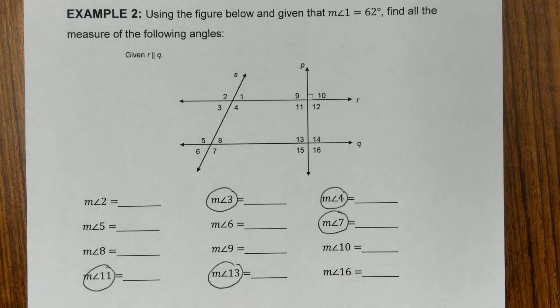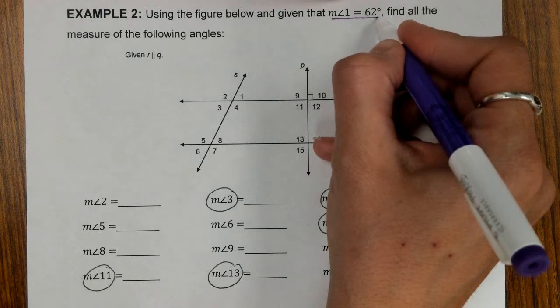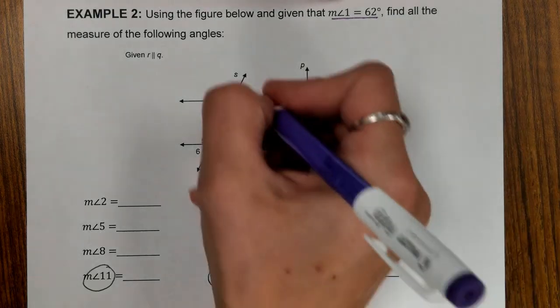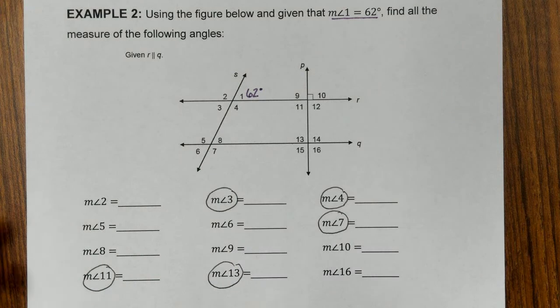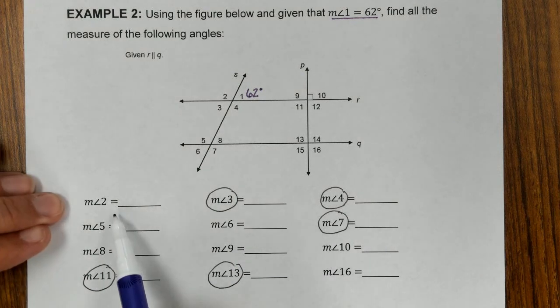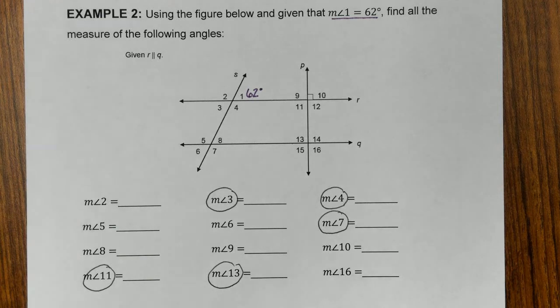First off, we are told that the measurement of angle 1 is 62 degrees. So I'm going to come over here and label this 62 degrees. You see we don't have that down here. But we do want to know what the measurement of angle 2 is. If we look at angle 2, we need to look at what relationship it has with angle 1.